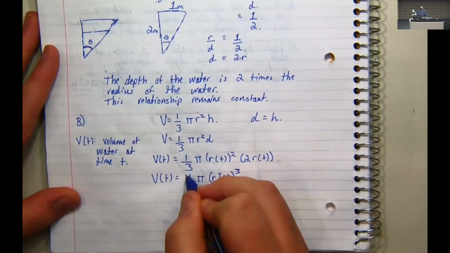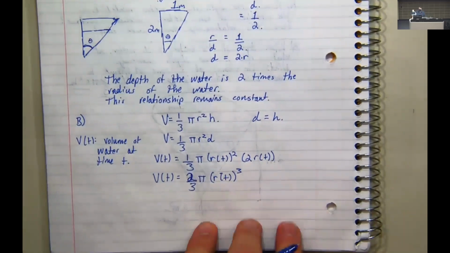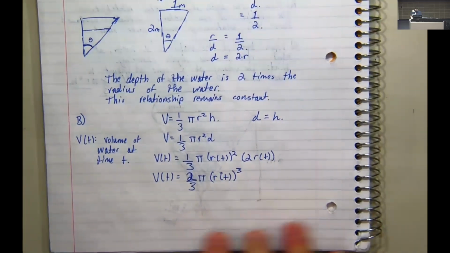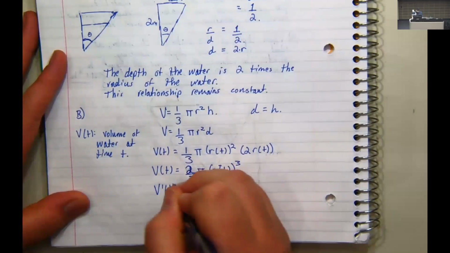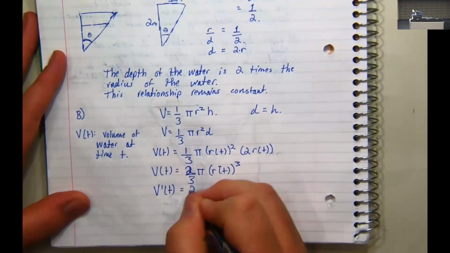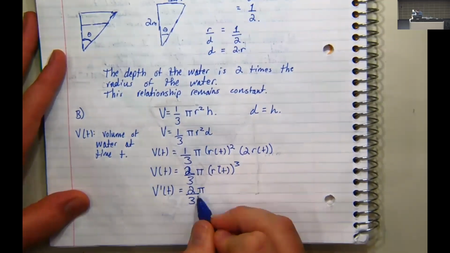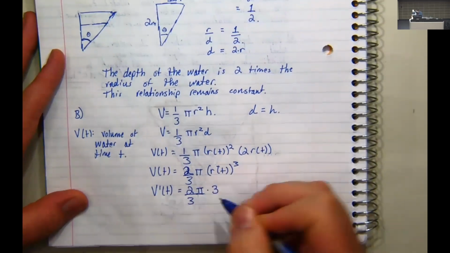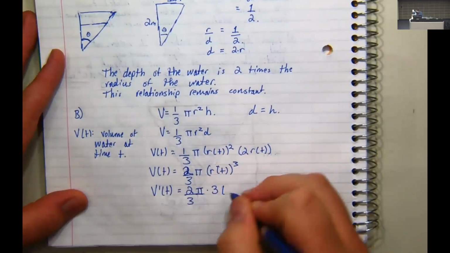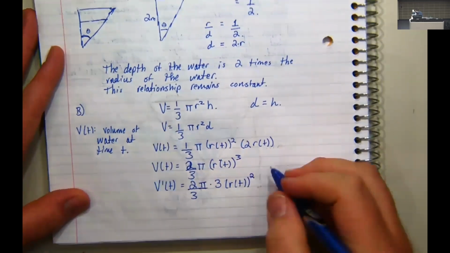So 2/3 pi r cubed. Okay, and so now we take the derivative of this. So we have V prime at t is equal to 2/3. The constants stay around. Bring the exponent down, times 3. r at t, reduce the exponent by 1, multiply by the derivative of the inside.